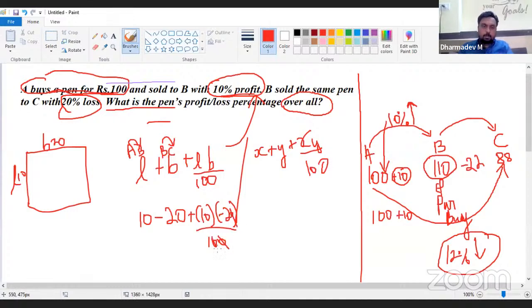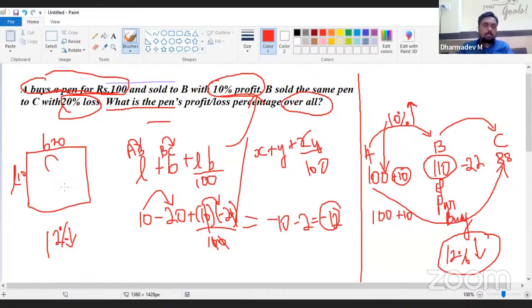So 10 minus 20 is minus 10, and 10 multiplied by minus 20 divided by 100 is minus 2. So minus 10 minus 2 is minus 12. I'm getting the answer in negative, which means it's a 12% loss. This is the second method and that is the first method. In either case you can use whichever is comfortable.